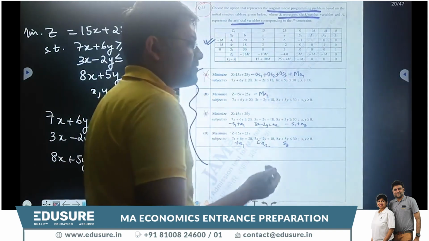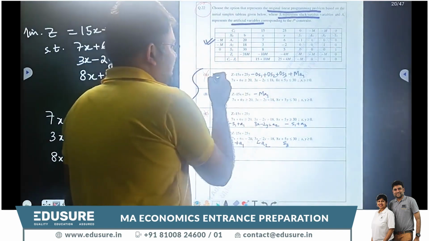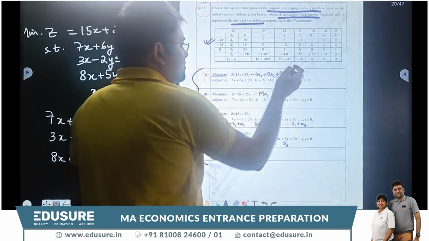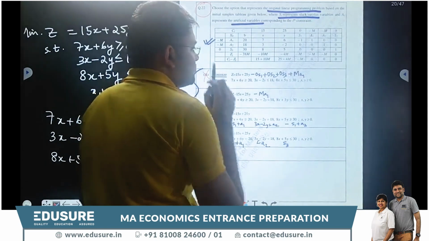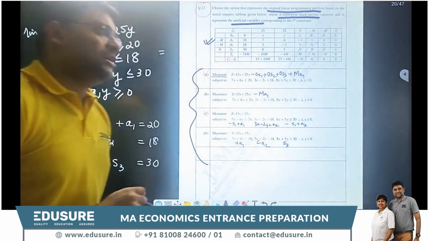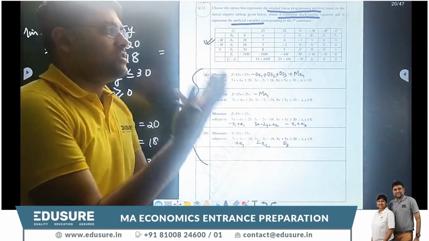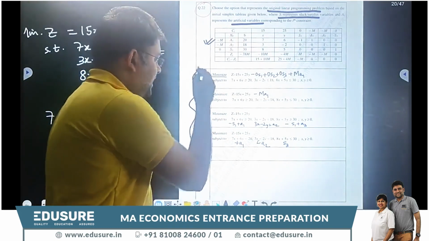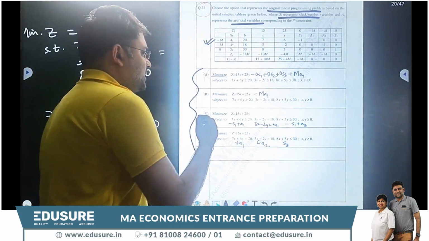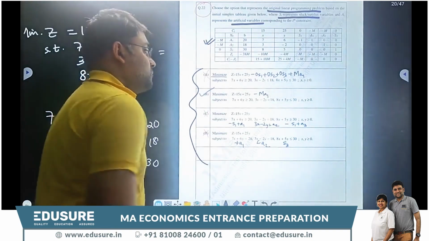For all the artificial variables, whenever I have a minimizing problem, this becomes plus. Whenever I have a maximizing problem, I need to subtract m into the artificial variable. This m is a very large number. So you will notice that A, C and D will all be incorrect. The correct answer will be B.